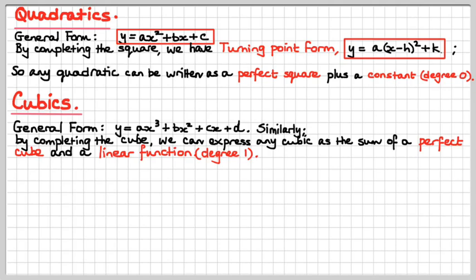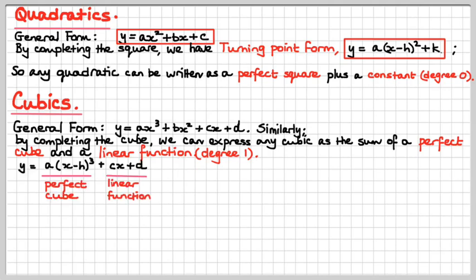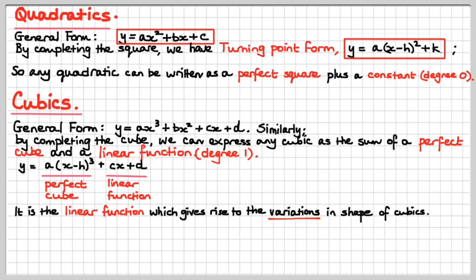Any cubic can be expressed as a perfect cube plus a linear function of degree 1, such as x plus 1 or ax plus b or whatever you like. So that's how it goes. There it is: a into (x minus h) all cubed plus cx plus d. Now, here's the headline news.